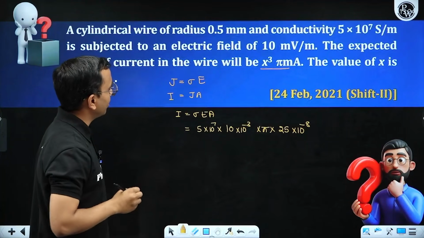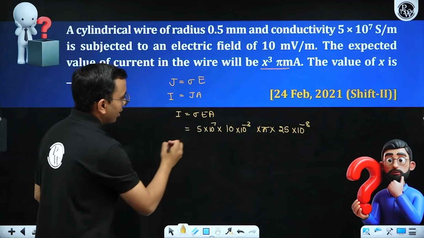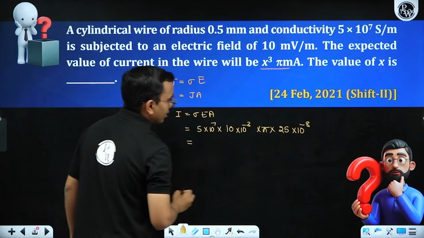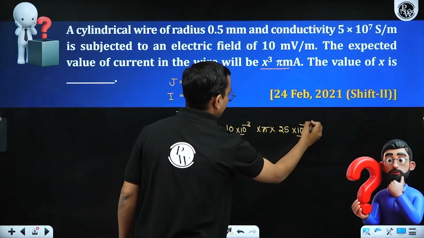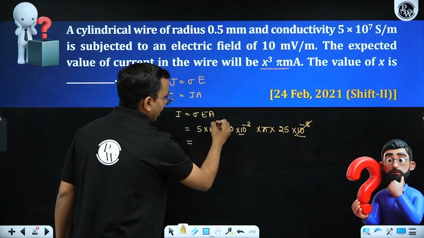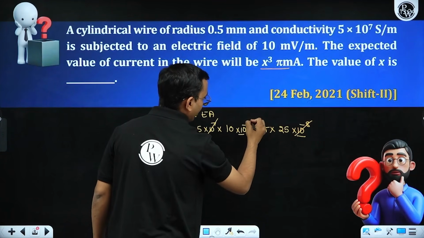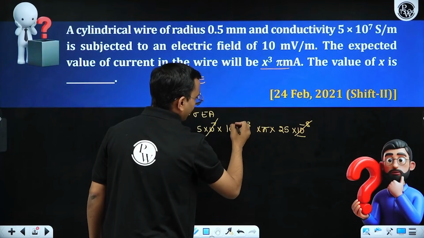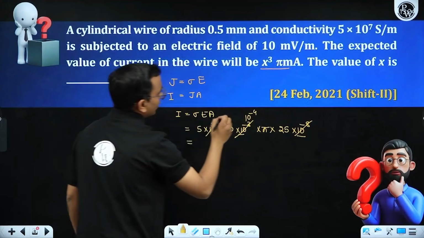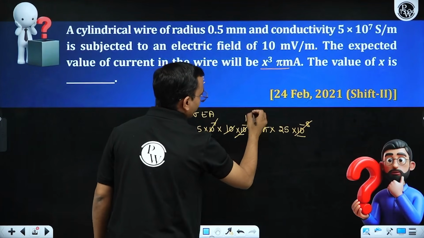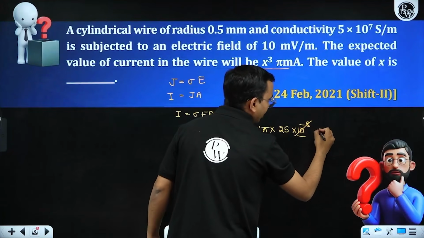Is that fine? Okay. Now this is minus 3 and this is minus 8, and 7, so minus 4 will remain here. Yeah, 10 to the power minus 4 is there, and 10 to the power minus 3 also, so this will become in milli.